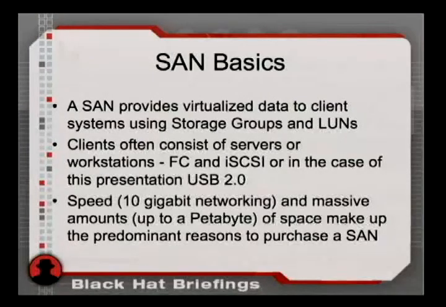As far as data usage goes, a SAN provides for virtualized data, which means you can have 8 RAIDs as one volume. You can have 10 different people streaming data off of that one volume.